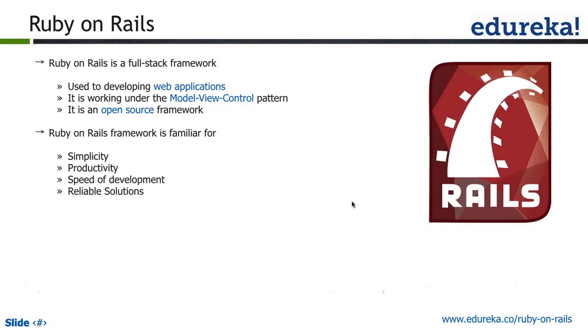The demand for Rails at the moment is more than Java in a sense, right? Because the number of resources is less. So learning both Ruby and Rails will take you down a path where you can get a job easily.